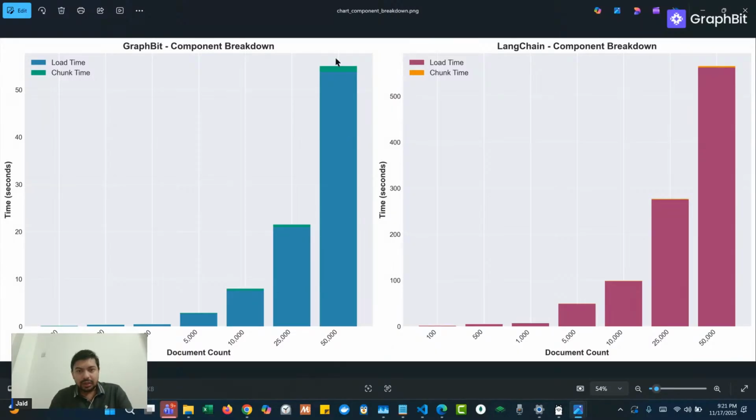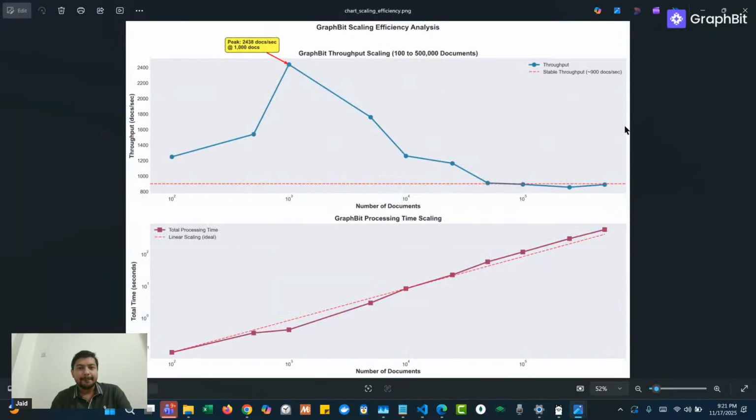The highest peak is where 50,000 documents were processed, and the time taken was just around 60 seconds for GraphBit, including loading the documents and chunking. But for LangChain, the process went above 600 seconds, which is 10 times more than GraphBit. So that's one comparison you can see.